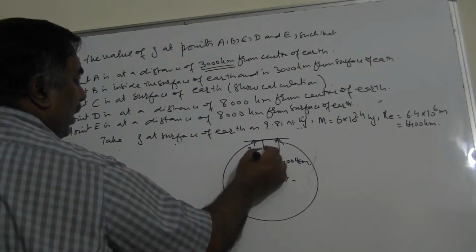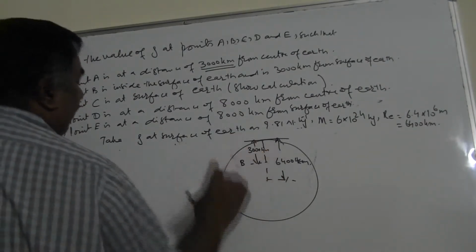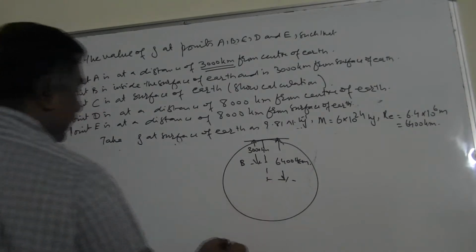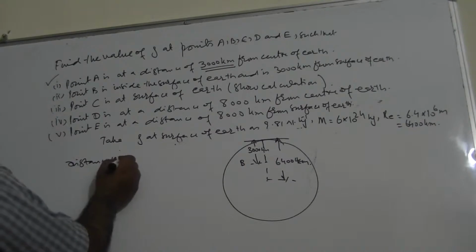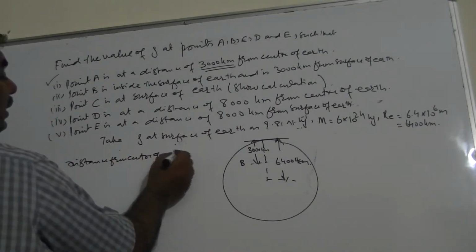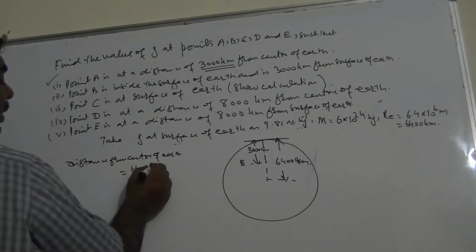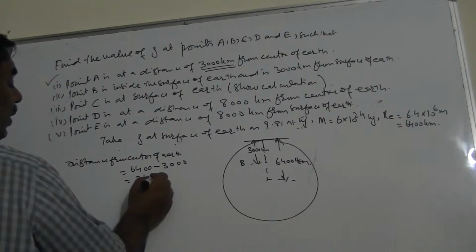Now if this is 3,000 kilometers, for point B I will not take this distance for the ratio method. I have to take the distance from center. So the distance from center of Earth will be 6,400 minus 3,000, which comes out to be 3,400 kilometers.